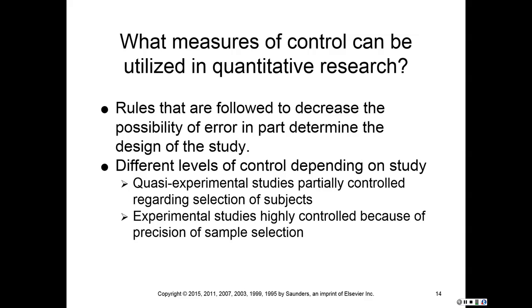There are different levels of control depending on the study. Quasi-experimental studies are partially controlled regarding the selection of subjects, but experimental studies are highly controlled because of the precision of sample selection.